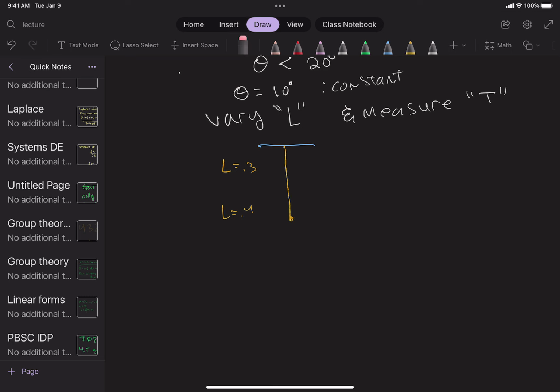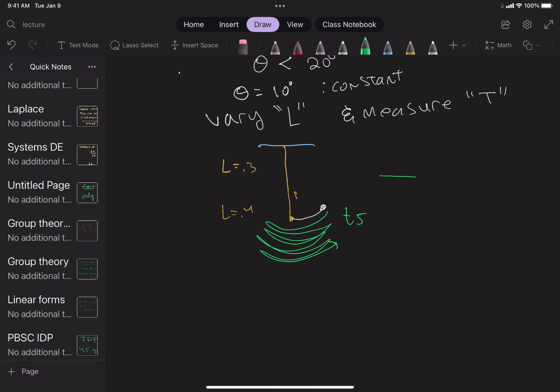And again, you're going to repeat the experiment. You're going to displace it by, again, 10 degrees. And from there, you're going to let it vibrate, and watch it vibrate 5 times, and measure the time for 5 cycles. And you're going to keep on doing that.